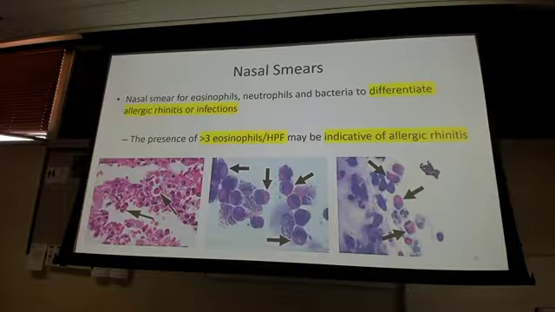You would bring it to us, we would stain it, and then we would help you with your diagnosis there. So anytime, as you can see highlighted, you see greater than 3 eosinophils in a slide, just know that you're looking for allergic rhinitis or infections. Okay, indicative of allergic rhinitis.